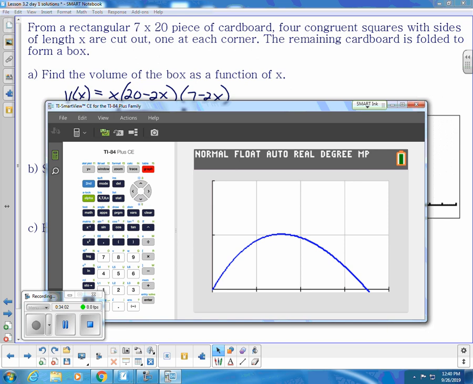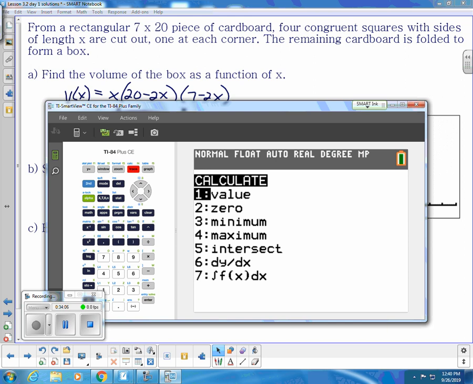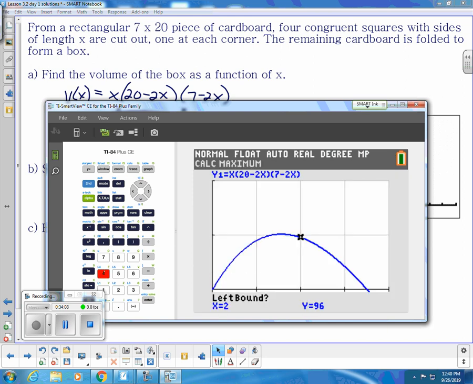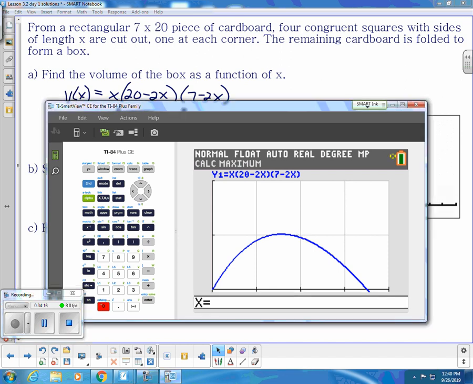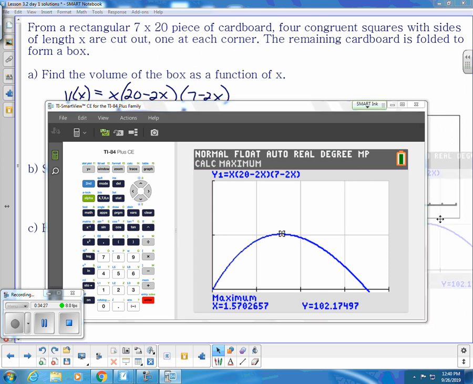And we want to find our max volume. So we're going to go to second calc and max. And this is not a cube or a quadratic, guys, so you can't do the opposite of b over 2a. This is not that type of thing. Left bound, make it 0. Make your right bound 4. You want the max in that window. So the max is about 102.2 units squared.